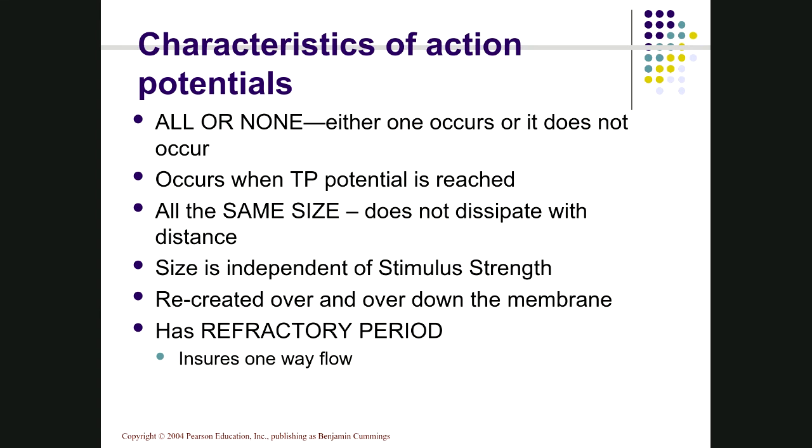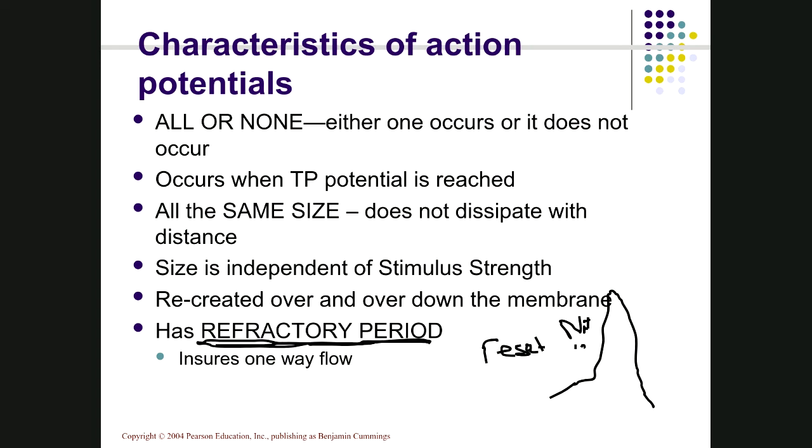And then there's what's called a refractory period. The refractory period says that there's sort of a reset period, a reset time. Because think about it, here's what it looks like. Over here, sodium comes in, and over here, potassium goes out.